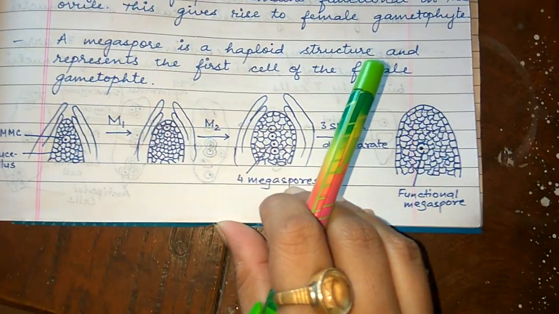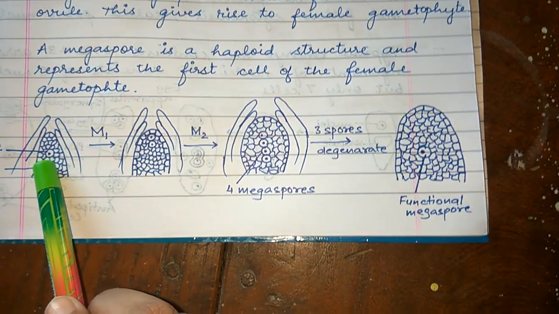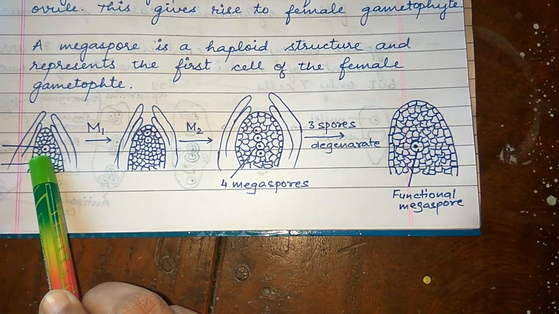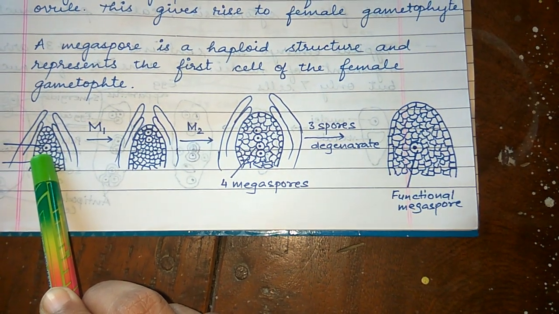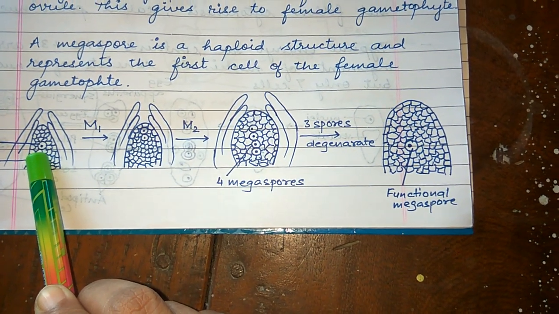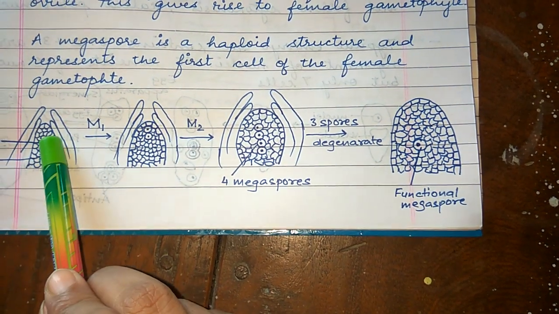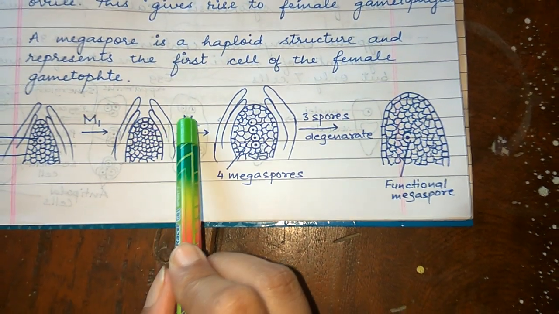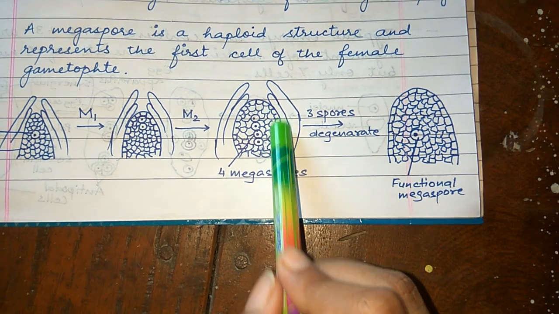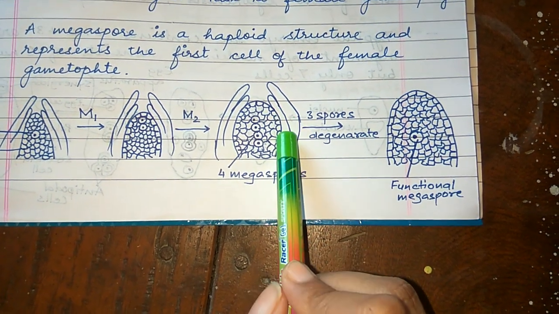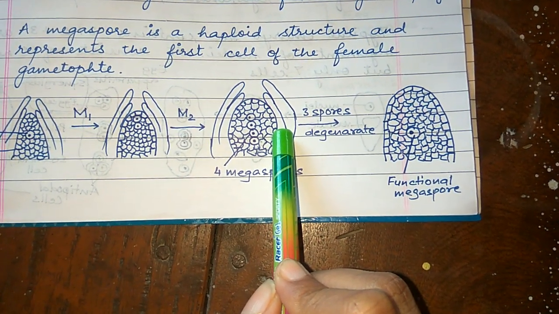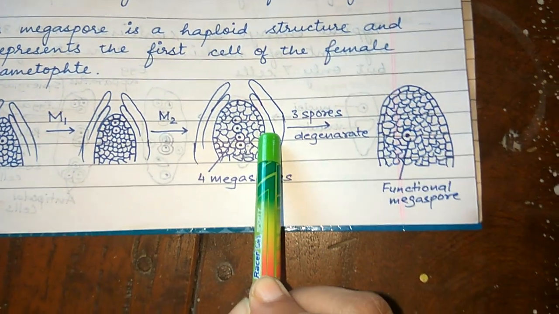Now, the sporogenous cell acts as MMC, called megaspore mother cell. It undergoes meiosis and forms four haploid megaspores. This is called megasporogenesis.